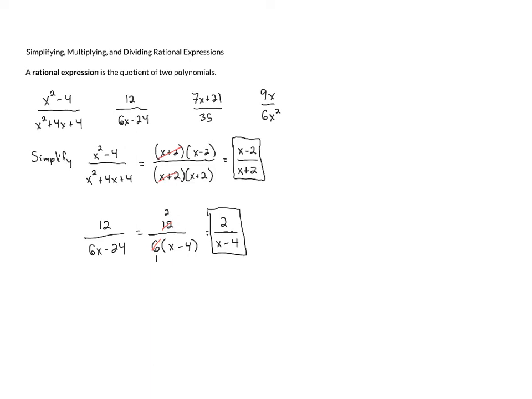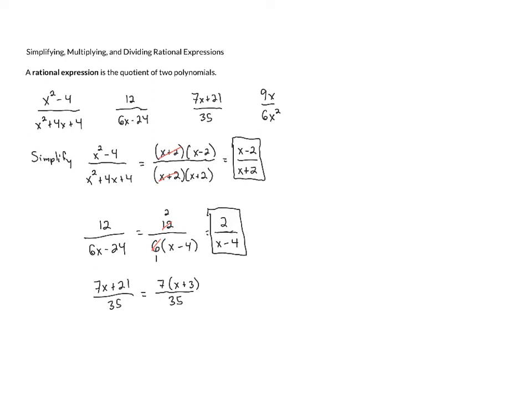Let's look at the next example. 7x plus 21 over 35. Here, the numerator can be factored because there's a GCF that can be pulled out. If we pull out 7 up top, that leaves us with x plus 3 as our leftovers. And we've got 35 in the bottom. Now, there is one factor that the top and bottom have in common that can be pulled out.